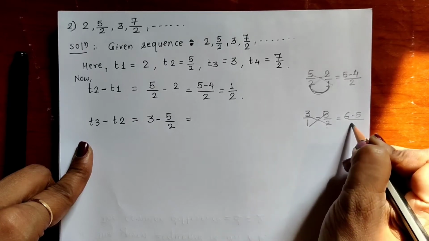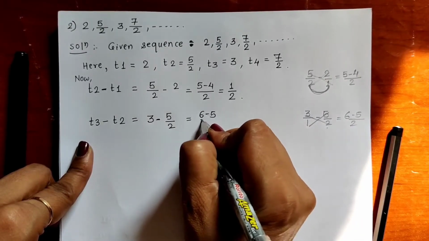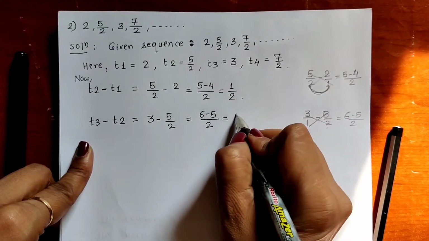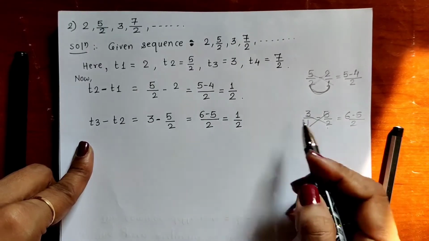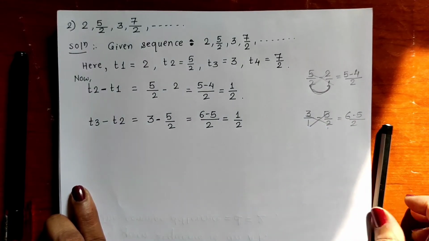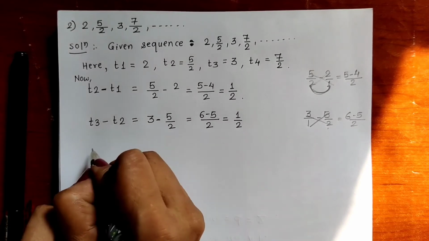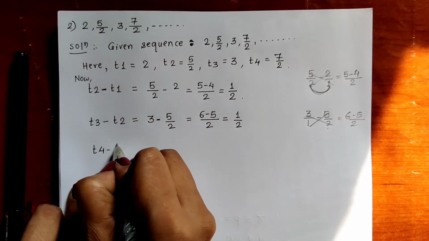Upon 1 twos are 2. So 6 minus 5 upon 2. What is 6 minus 5? 1 upon 2 as it is. Again we have got 1 upon 2 as the answer of difference between T3 and T2.